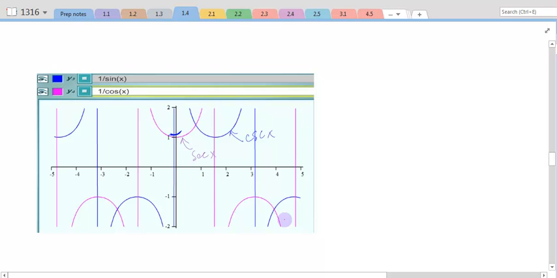So if we were to write this out, we would have from negative infinity to negative 1 bracket, and then union that with 1 to positive infinity. Again, these are the possible y values, or in other words, the range of my functions.